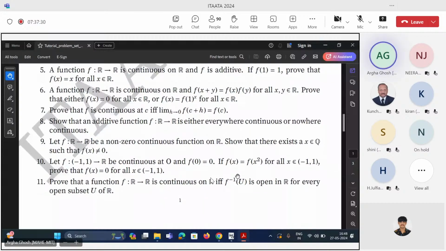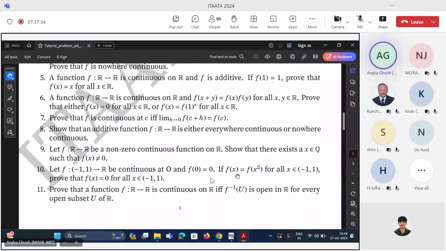Okay, question number 9. Let f from R to R be a non-zero continuous function on R. Non-zero continuous function means at least there is a point where f of x is not equal to 0. Show that there exists a rational number q such that f of q is not equal to 0.